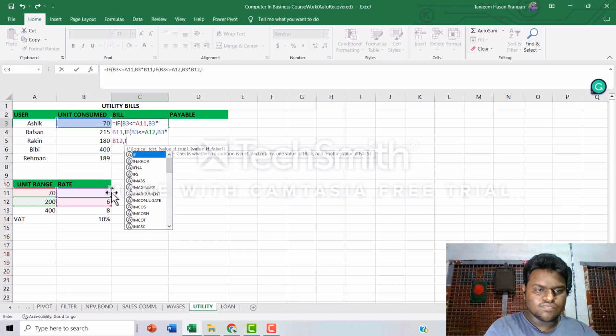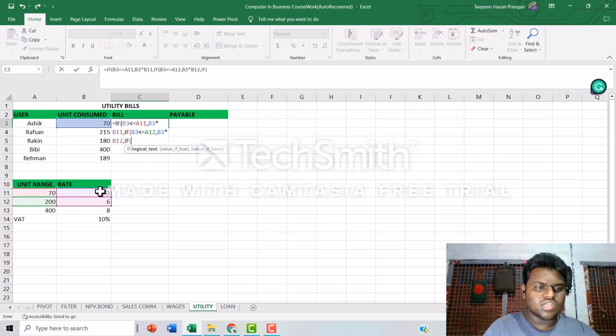Then if again, because this is the last condition, it shows that if the unit consumed will be more than that, the rate would be multiplying by 8.